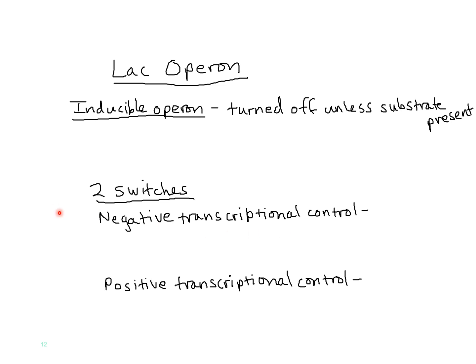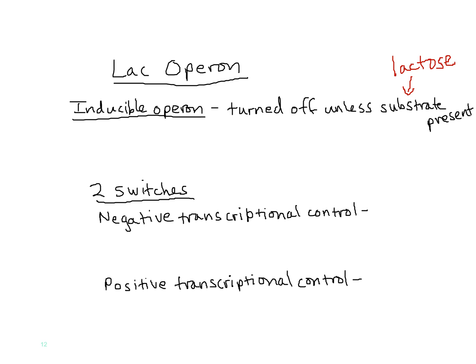So the Lac operon is an inducible operon, which just means that it's going to be turned off unless the substrate's present. And our substrate is lactose. Okay, so we're not going to turn the Lac operon on unless lactose is present.